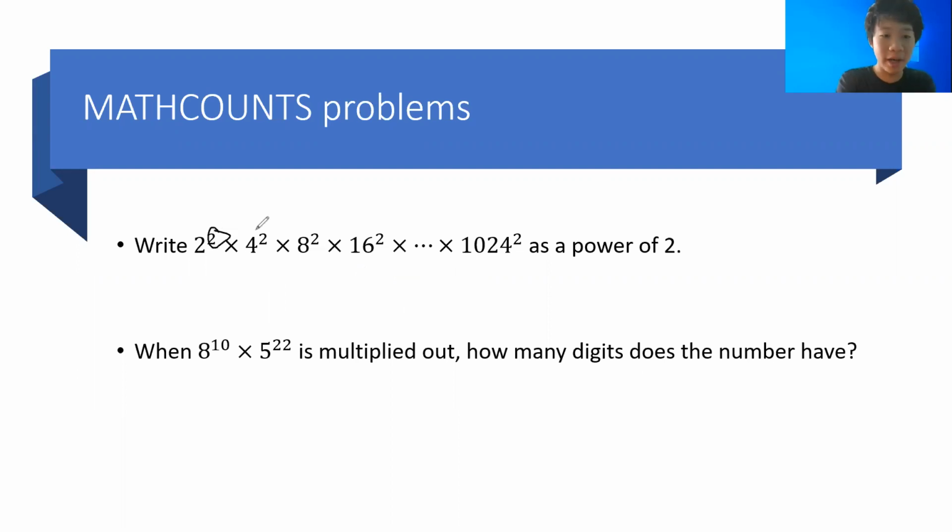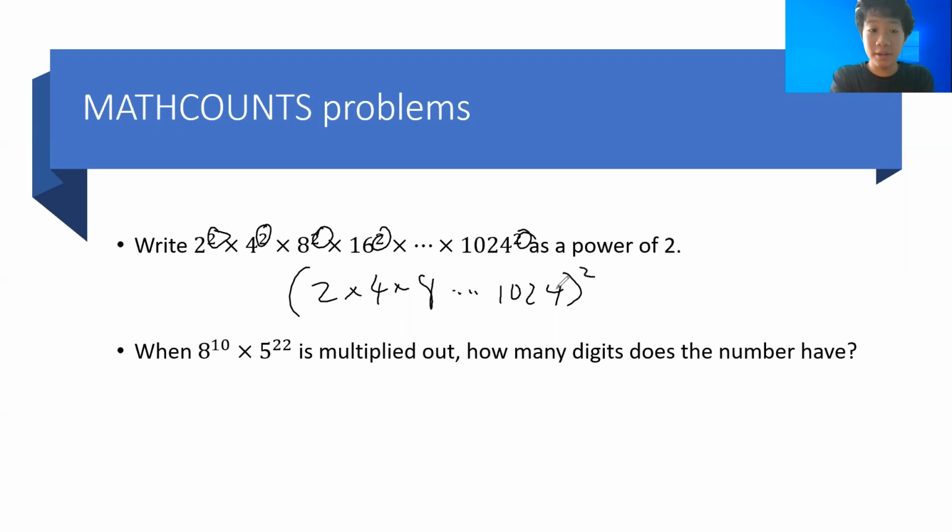Well, all of them have powers of 2 on them. So we can take the 2 out. We can reverse distribute the 2 out of everything. So it's just 2 times 4 times 8, dot, dot, dot, times 1024, all squared. So if we find this as a power of 2, then we can just multiply that power by 2. Okay, so that makes it a lot easier for us.